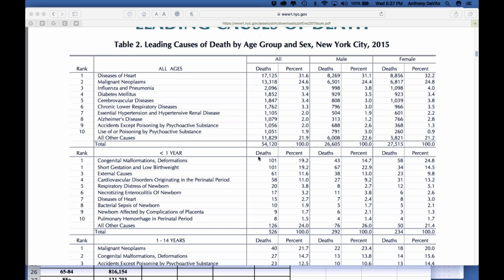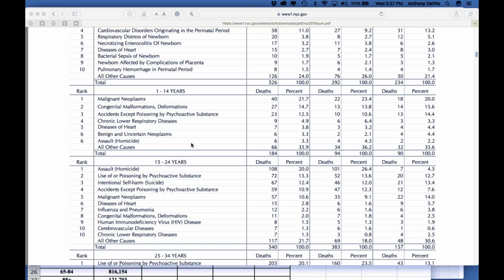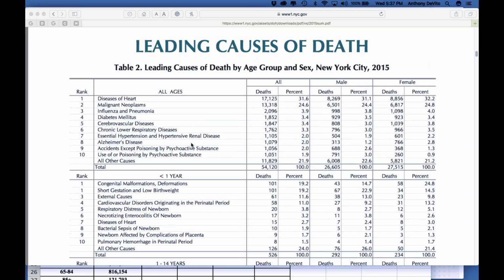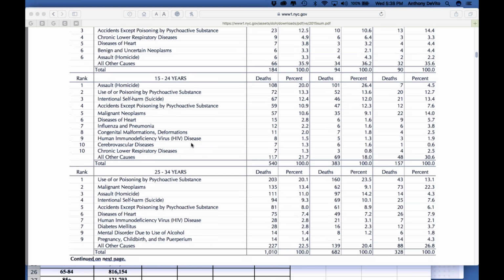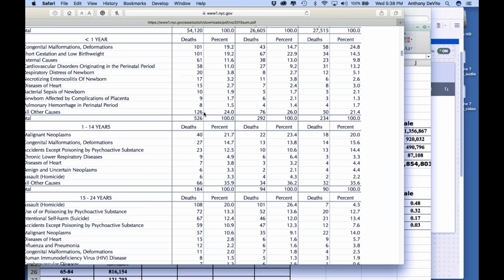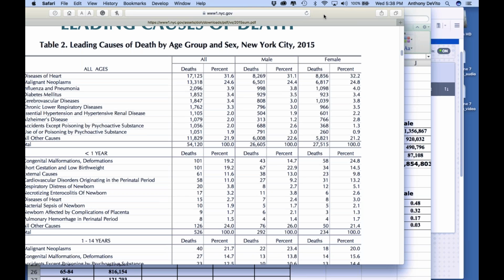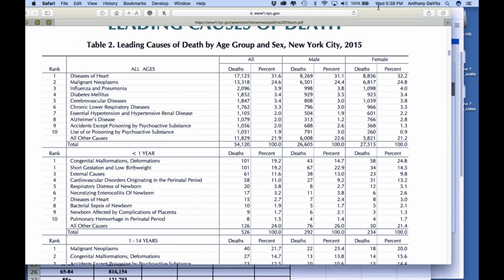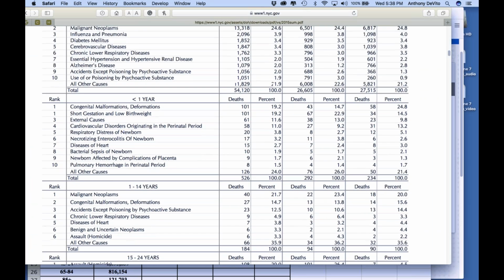So here are the leading causes of death for all ages, and then by different age groups. If we wanted to, we could go through here and see, if I move this over, I'm going to be able to see this. They have statistics for males and females for the number of deaths that occurred during this calendar year, 2015, and I'm going to find cardiovascular diseases.